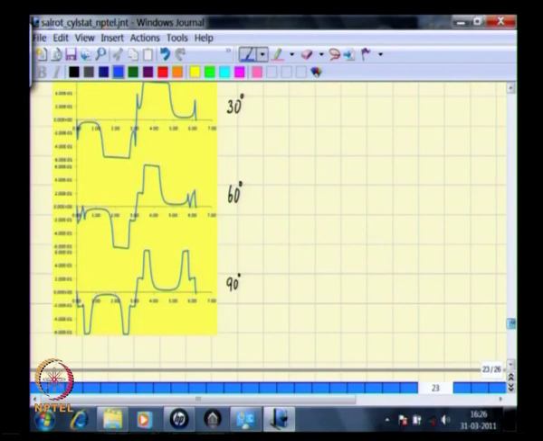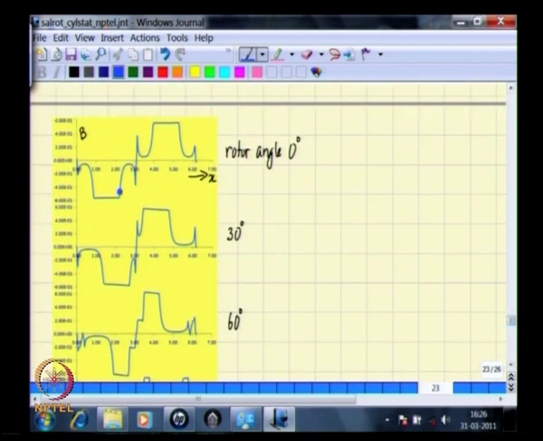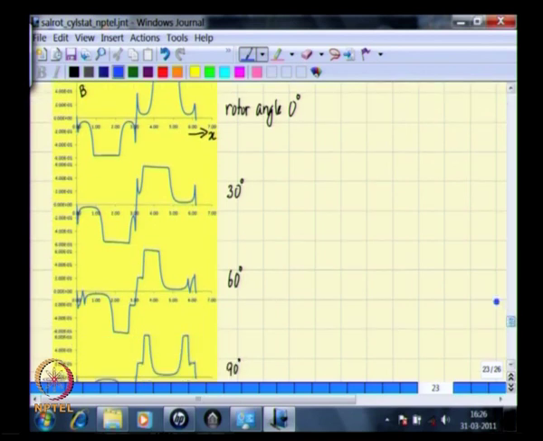Now you see that as the rotor rotates, the flux density distribution around the inner circumference of the stator, the wave shape itself undergoes a change. The wave shape undergoes a dramatic change. Therefore, we will not be able to resolve this into a fixed Fourier series expansion.